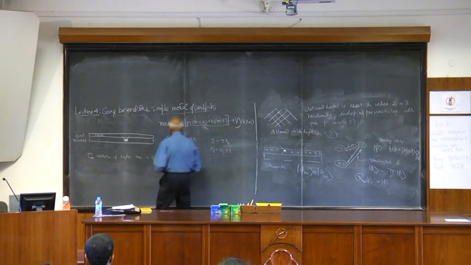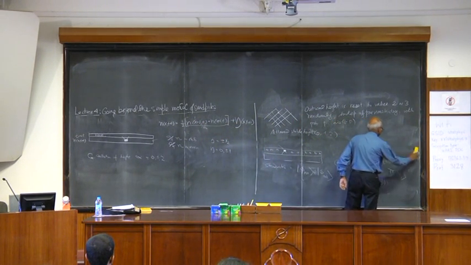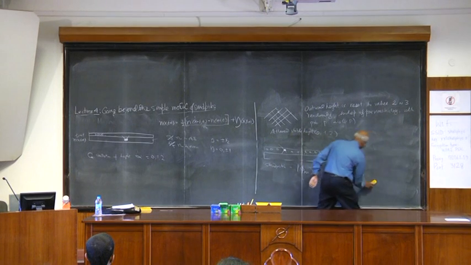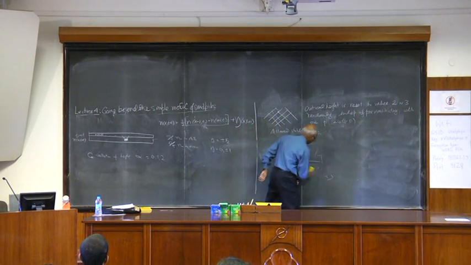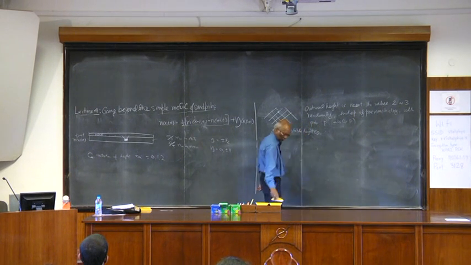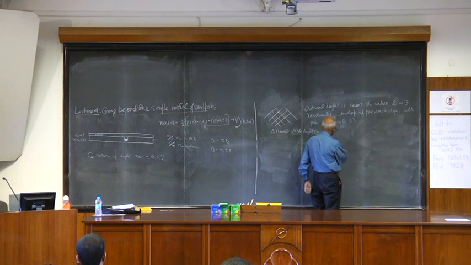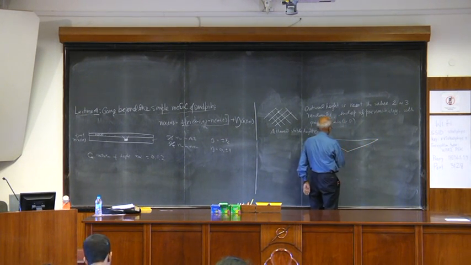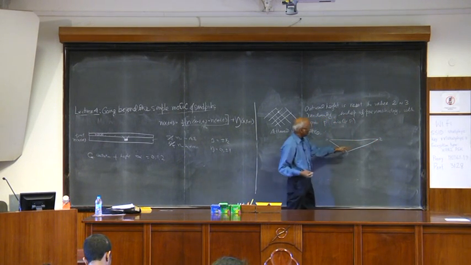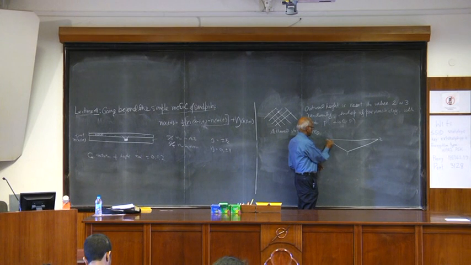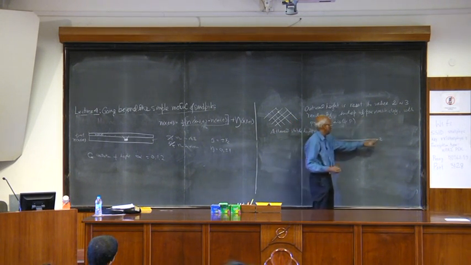Okay, so what happens? Well, this picture, I think we would like to draw it like this. This is 0, 1, 2. This is a triangle in which at this point the concentration is 0, at this point everything is 1, everything is 2.